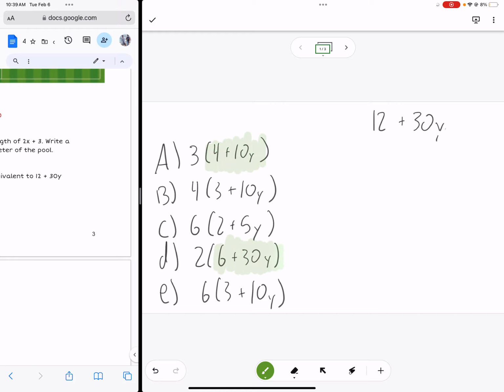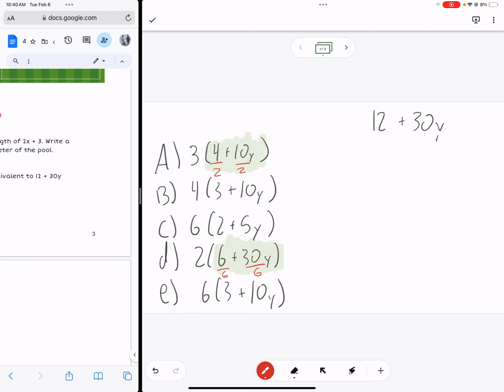What is different about A and D? Let me reword the question. A and D, are they completely factored? No. And here's why. I can divide both of these by 2. I can divide both of these by 6.